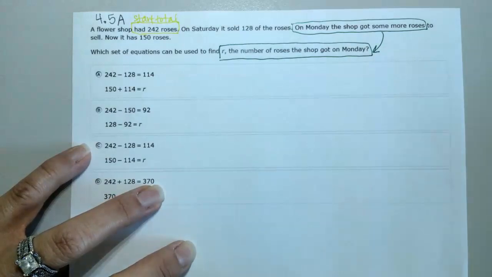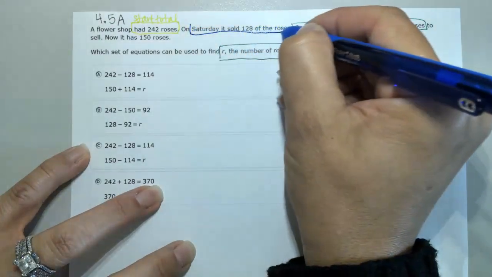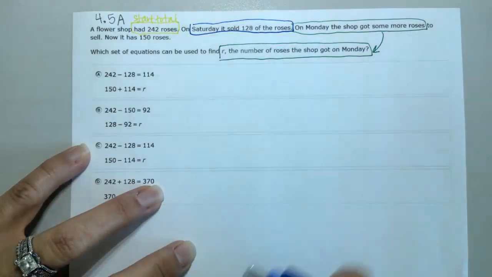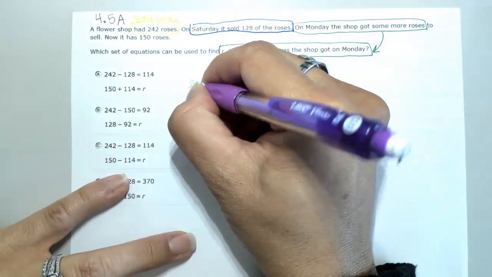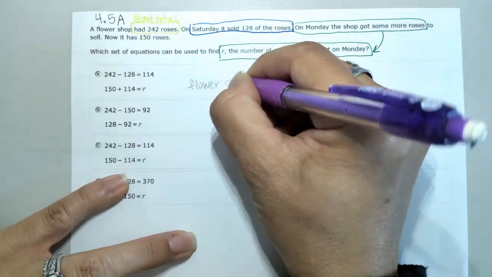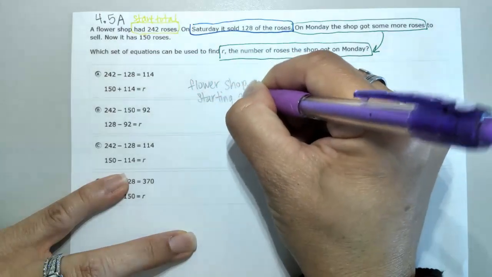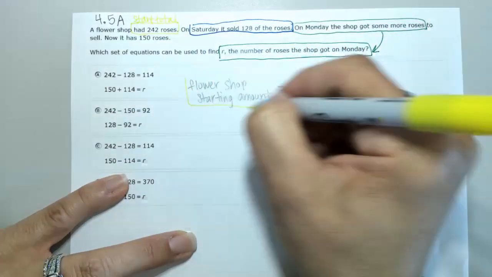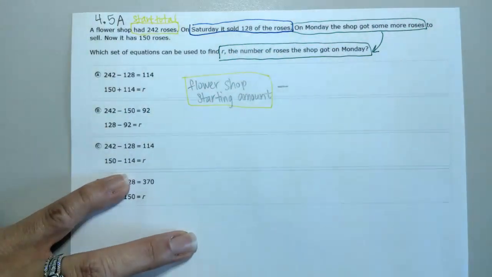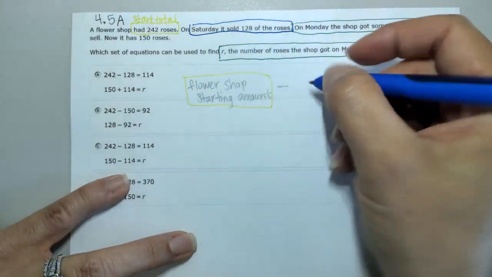On Saturday, it sold 128 of the roses. So that's going to give me an amount. So I'm going to say flower shop starting amount. And when you sell something, that is represented by the operation of subtraction. So on Saturday, it sold 128 of the roses.